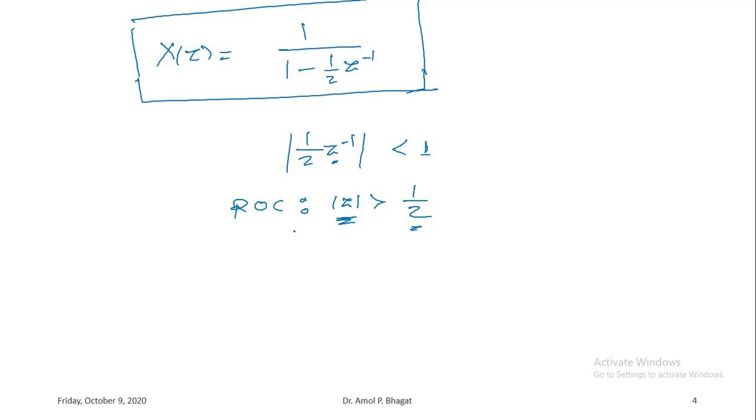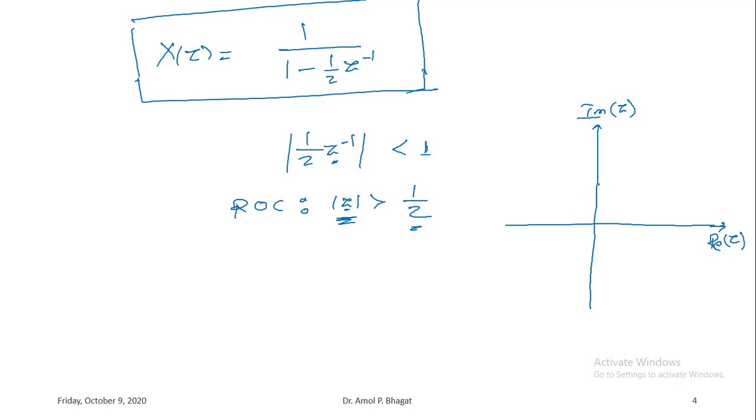So here we can plot this ROC. How to plot this ROC? You can draw the x-axis and y-axis. As we know that z is a complex variable, you can indicate the real values of z on the x-axis and the imaginary values on the y-axis.